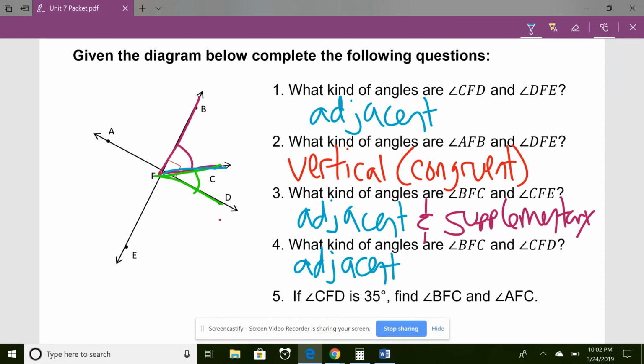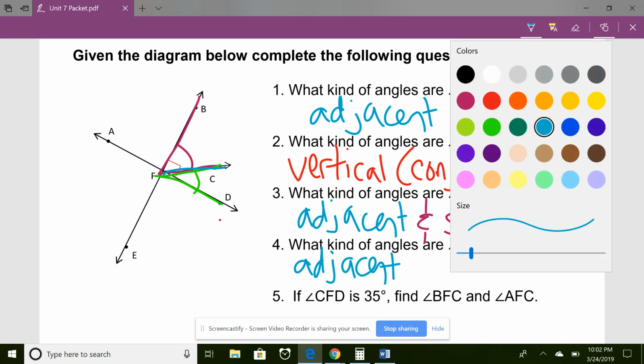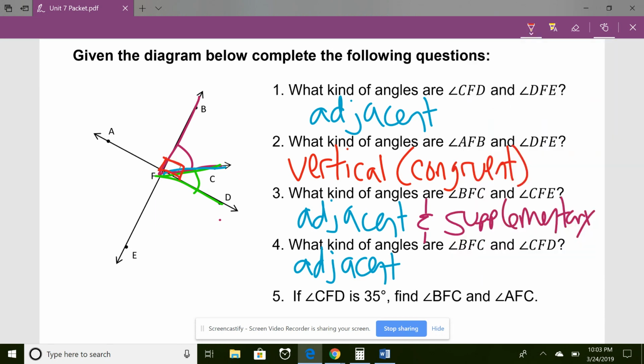And they compose a 90-degree angle. How do we know they compose a 90-degree angle? Because of this little red box right here. They both add up to that box, so they are called complementary angles whenever they add up to 90 degrees, because that red box means 90 degrees.